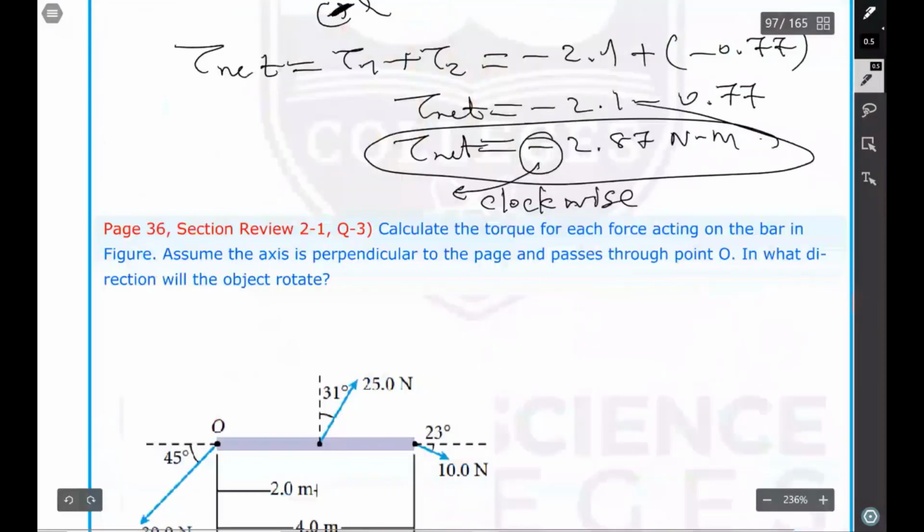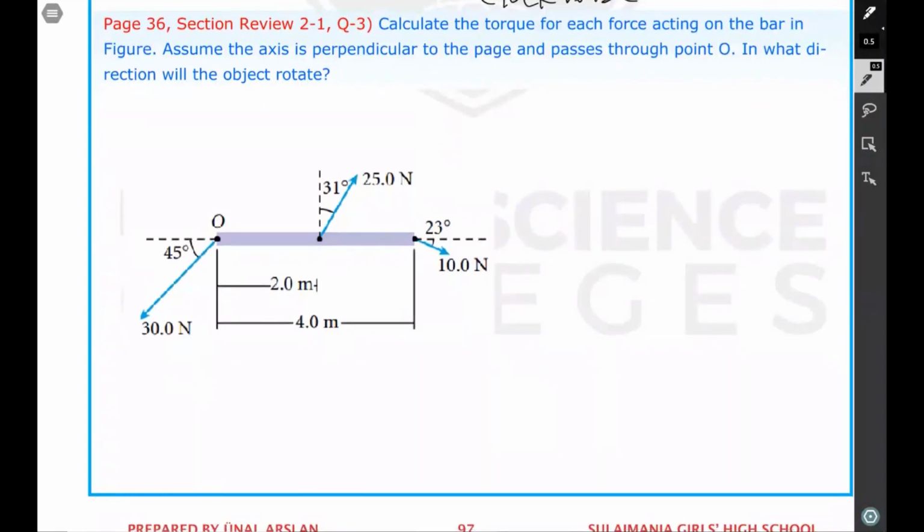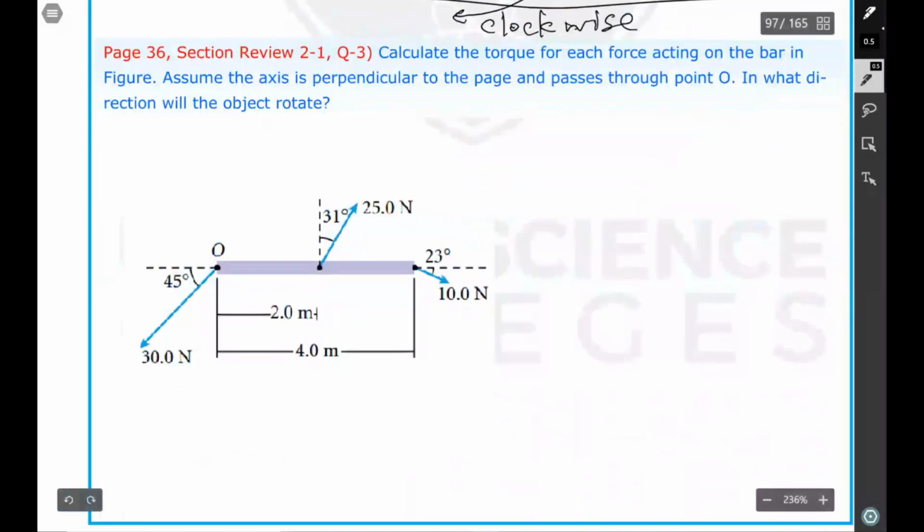And a sectional question. Here we have maybe only 3 forces. Calculate the torque for each force acting on the bar. It's a rod; bar means rod in the figure. Assume the axis is perpendicular to the page and passes through the point O. The axis of rotation is given in the question.